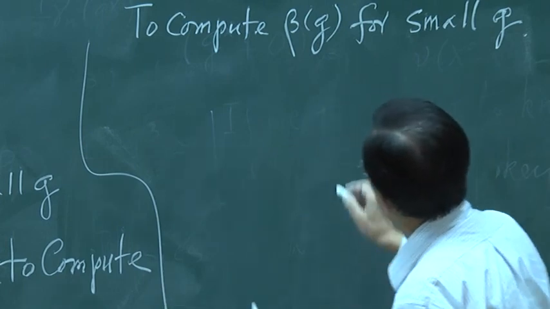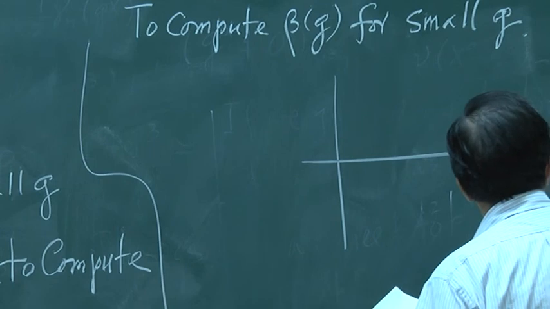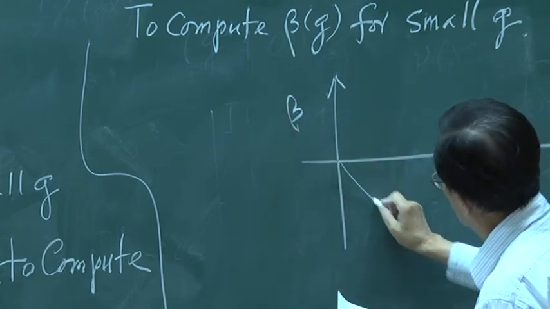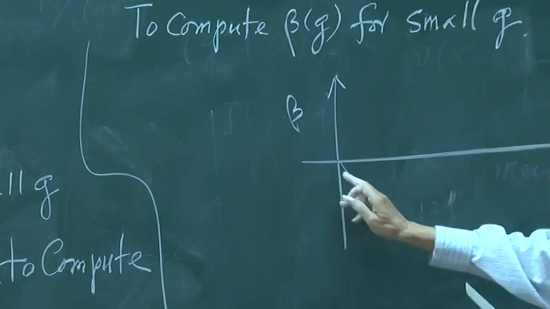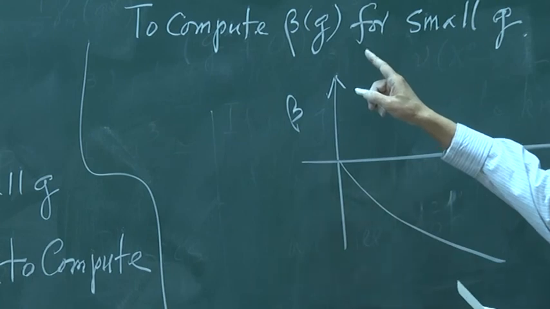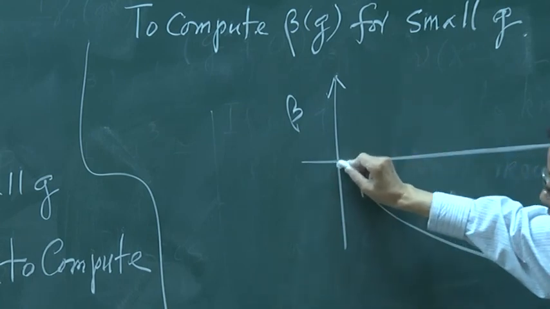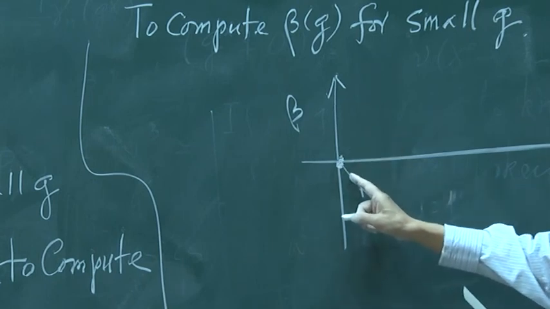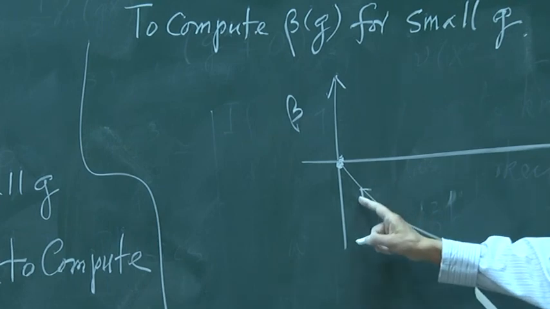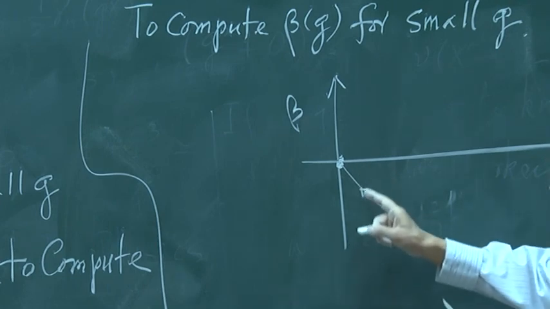I think I erased it, but I showed you that this is g and this is the beta function. If the beta function near the origin looks like this, then as momentum goes to infinity, the coupling constant will be driven to this origin. So all you have to do is a calculation here for the beta function, and then see if the sign is negative, because this is crucial, that it's a negative sign.